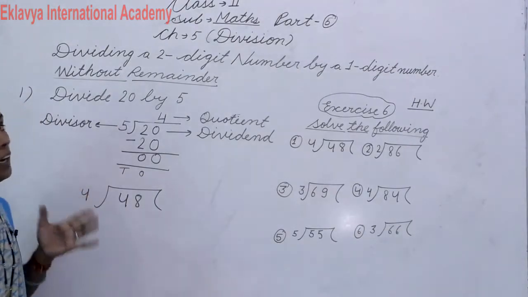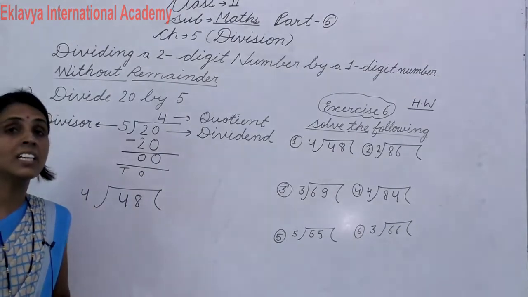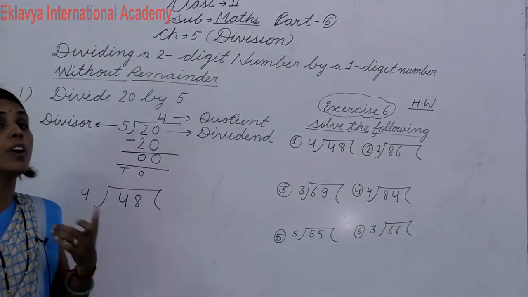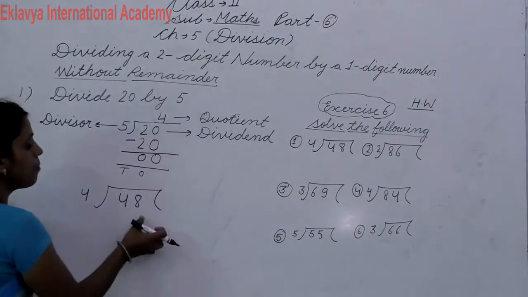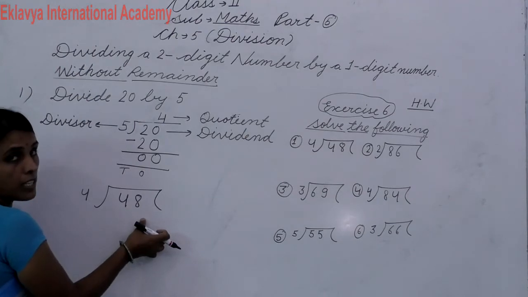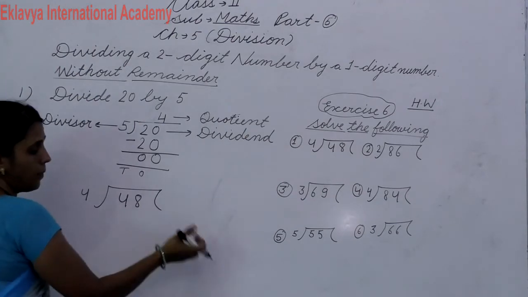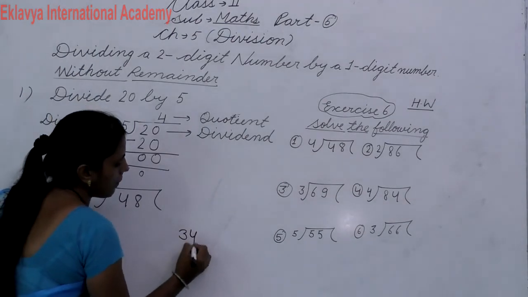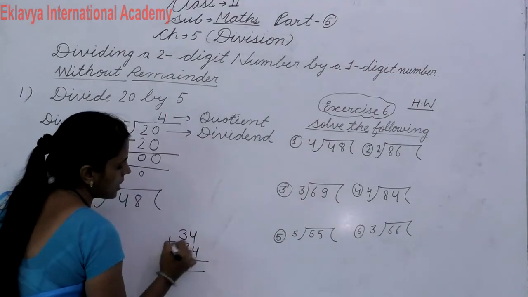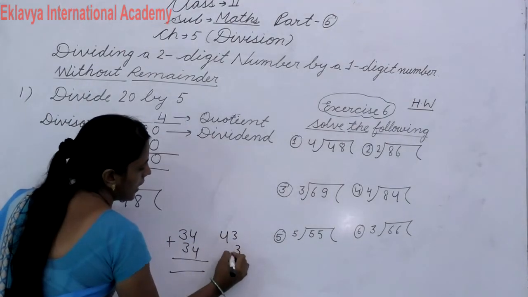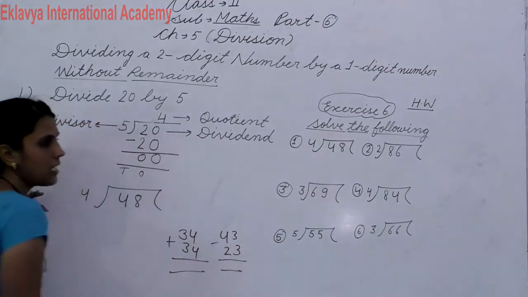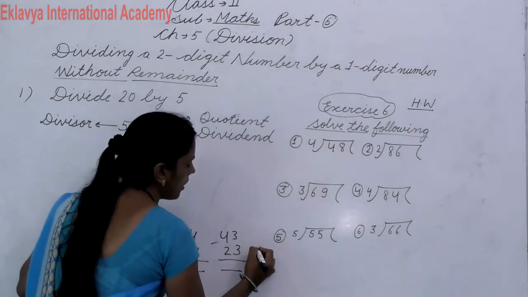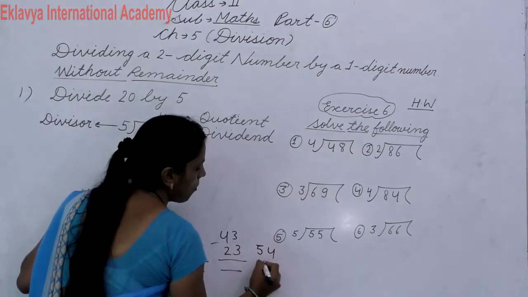In addition, subtraction and multiplication, from where did you start? We start from the ones place. I have given that type, that is your addition, and that type, that is your subtraction, and one more example, this is the example of multiplication.